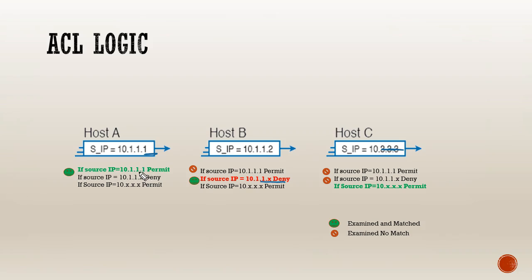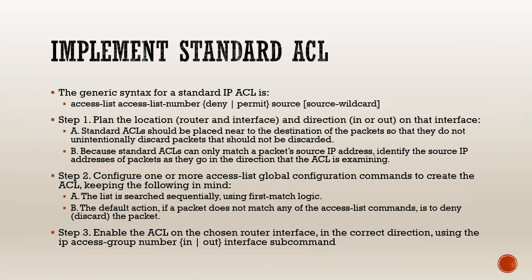The explicit, most specific at the top, then the entire 10.1.1 network, and then the least specific, the 10 network, after that. So top to bottom, more specific to less specific.